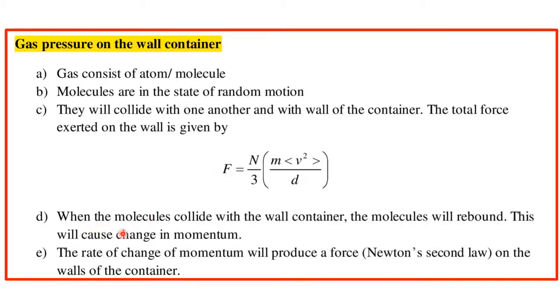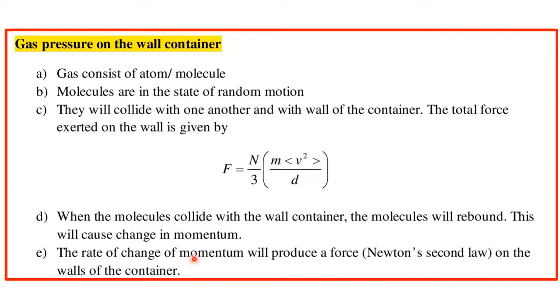Okay, when the molecules collide with the wall of the container, the molecules will rebound. This will cause change in momentum. Alright, so the rate of change of momentum will produce a force. Okay, this one comes from Newton's second law.